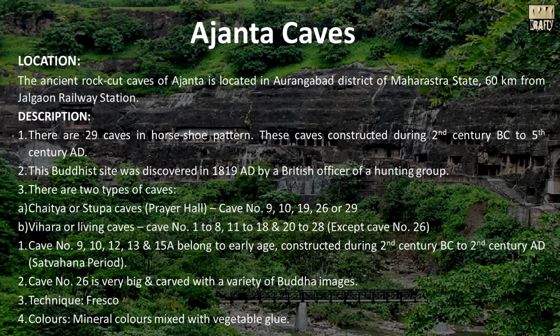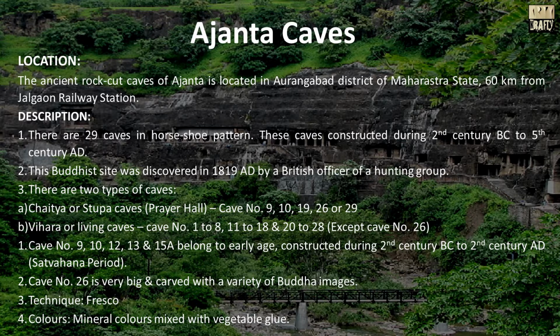It was discovered in 1819 AD by a British officer of a hunting group. There are two types of caves: Chaitya or Stupa caves, that is the prayer hall, and Vihara or living caves.